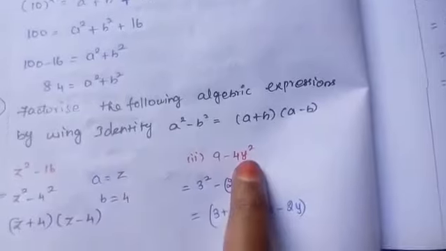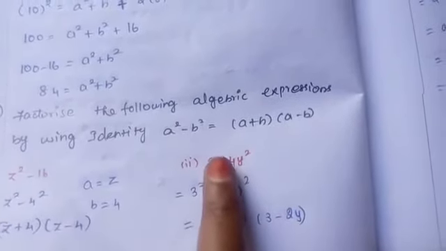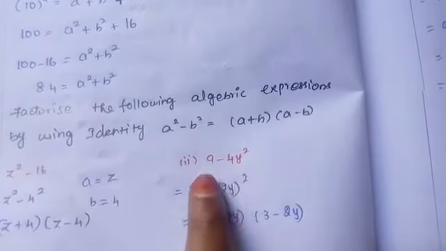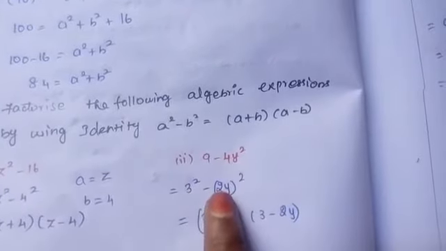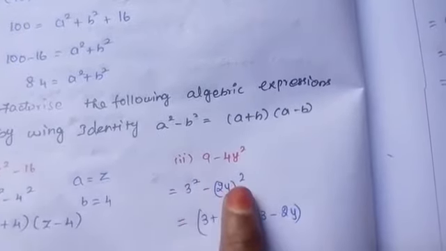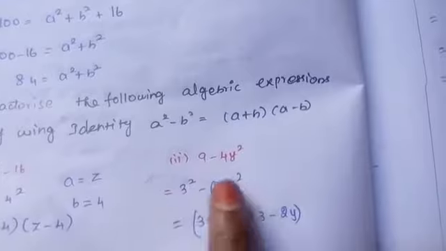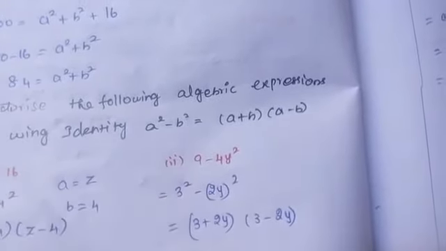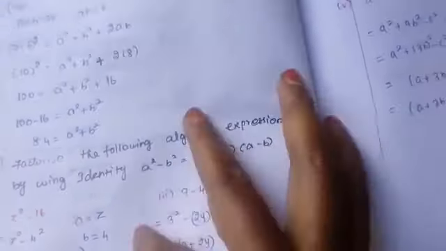Again this is the squared format. We want to convert the numbers as squared format. 9 can be written as 3 squared, 4 can be written as 2 squared. 3 squared minus (2y) the whole square, one time plus, one time minus: (3 plus 2y), (3 minus 2y). That's all.